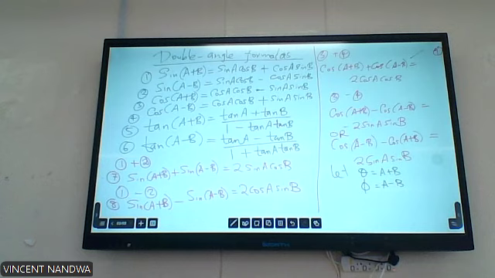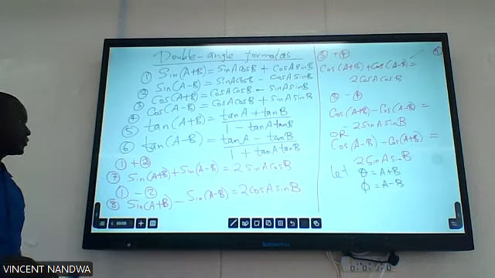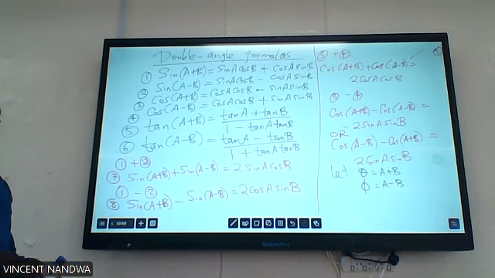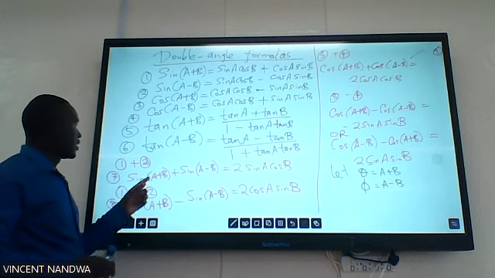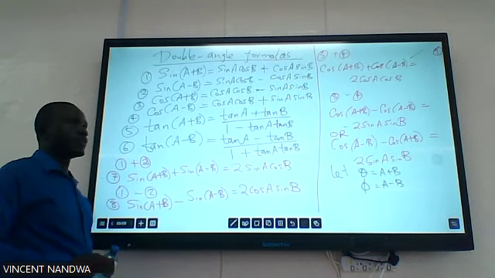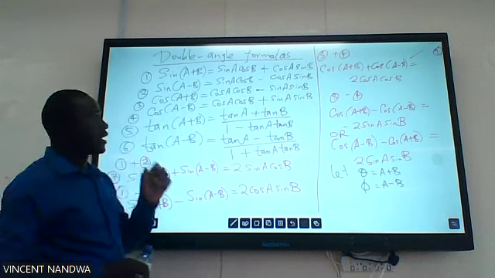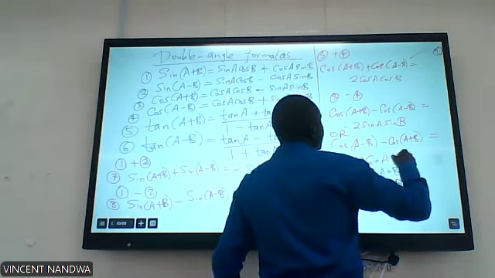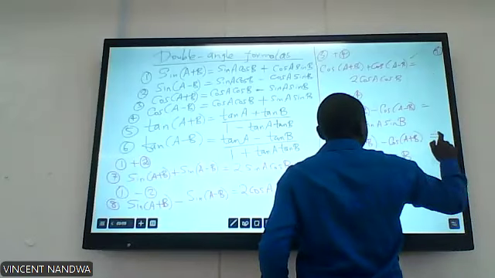Okay. Let theta be A plus B, phi be A minus B. By doing that, we want to control formula 7 such that here I have sine of one quantity, sine of another quantity, similar to formulas 7, 8, 9, and 10.